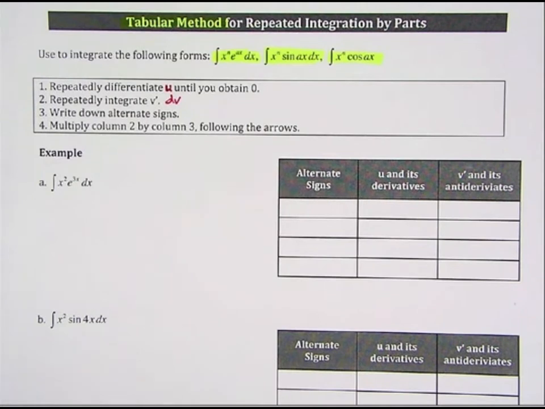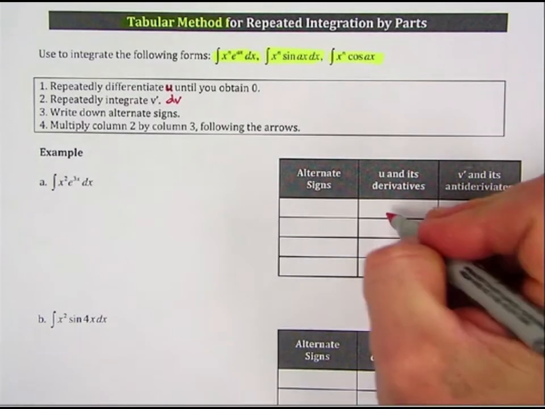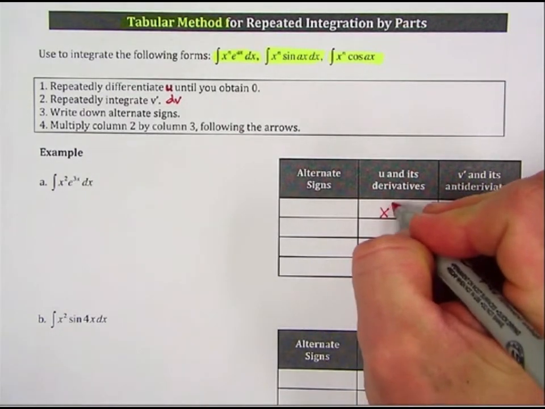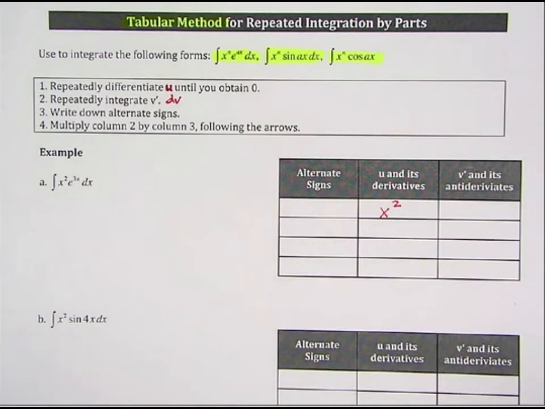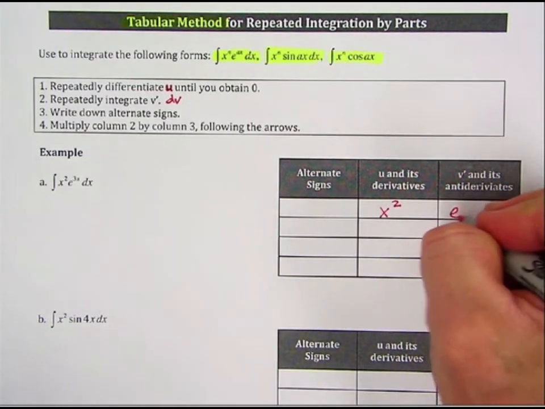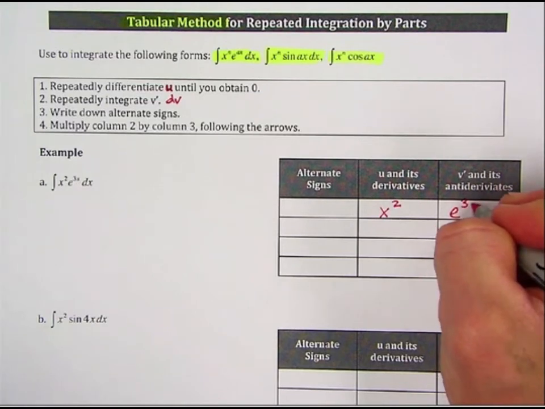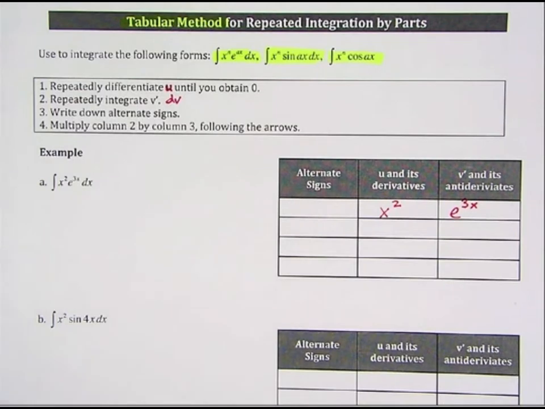So here, our first example is the integral of x squared times e to the 3x dx. So we still want to find u and du. So u in this case is going to be x squared. We also want to find dv now, and it's e to the 3x.